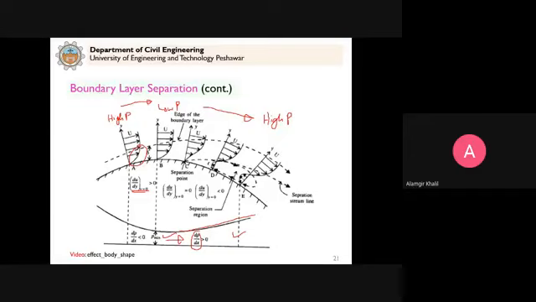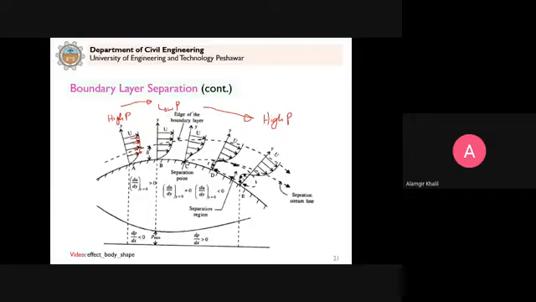So what will be the effect of that? In case of a favorable gradient, from high pressure to low pressure, you see that the pressure is pushing this velocity in this direction.